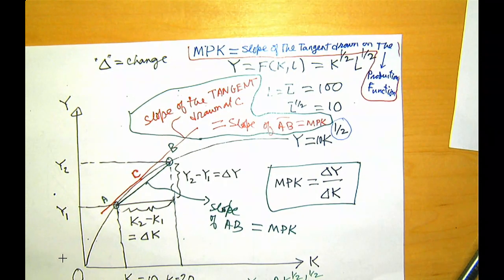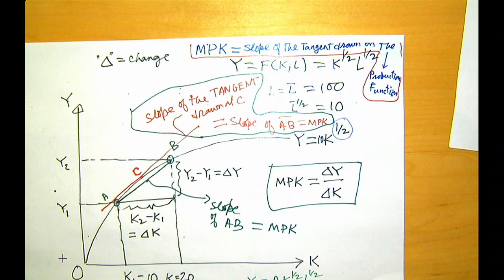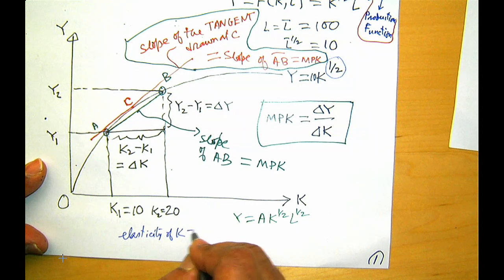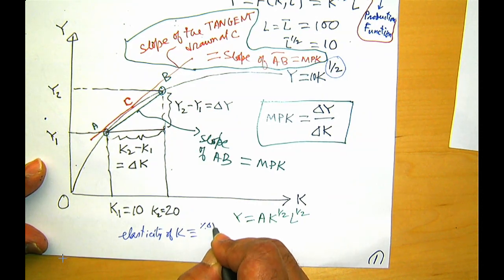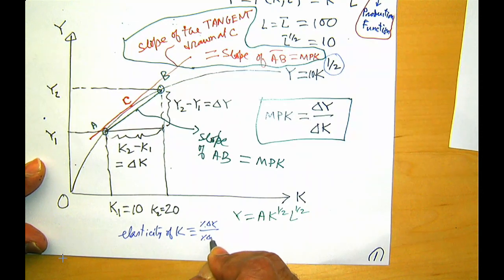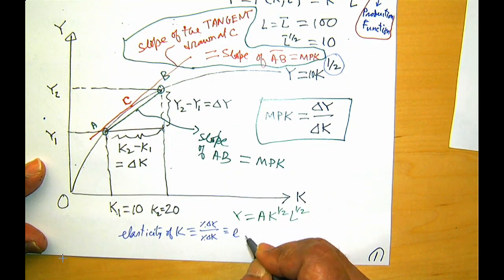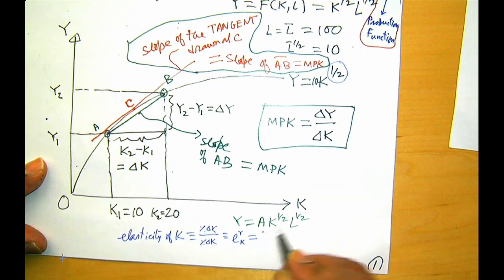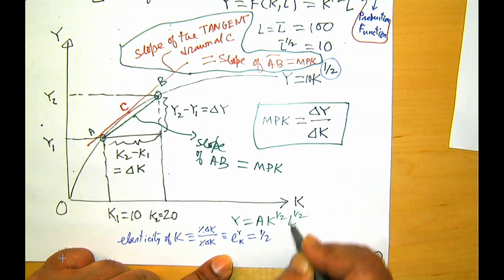I am saying the elasticity of K, which is percentage change in Y over percentage change in K, and in symbol you can call it elasticity of Y with respect to K, in this instance is half, because this is the elasticity.